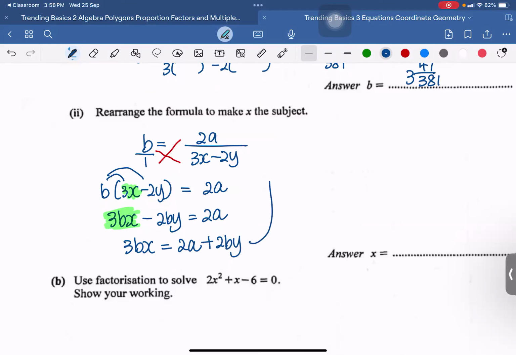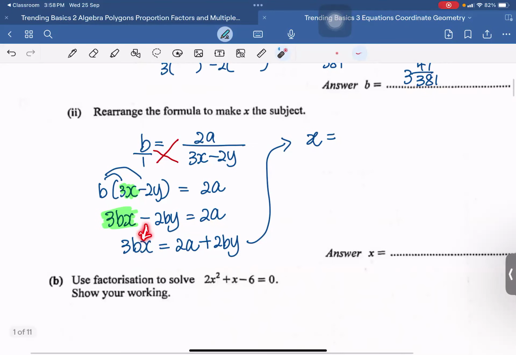Okay. Next step, maybe Nelly can help me. I only want letter x. I don't want 3 and b. This one, the relationship here, not boy-girl relationship, but the relationship is multiplication. How to undo multiplication? Factorize. Now, no need to factorize already. In this case, this one is on its own.